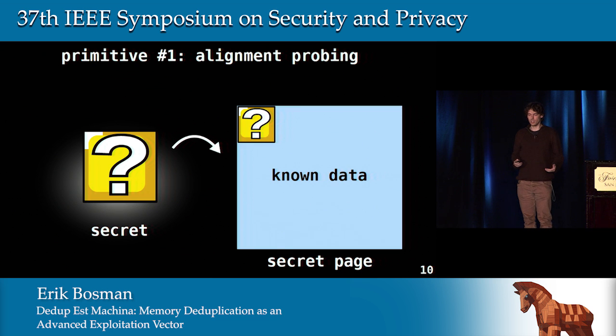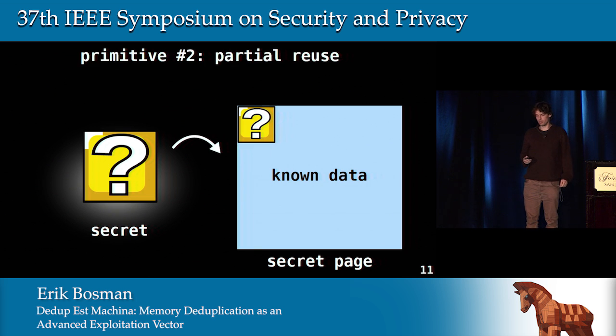One is we control the alignment of the secret, where we only have part of the secret in a page, such that we can leak the information in two or more steps. And this allows us to reduce the entropy and leak the information.